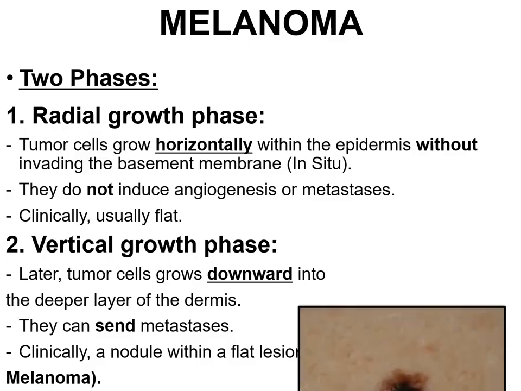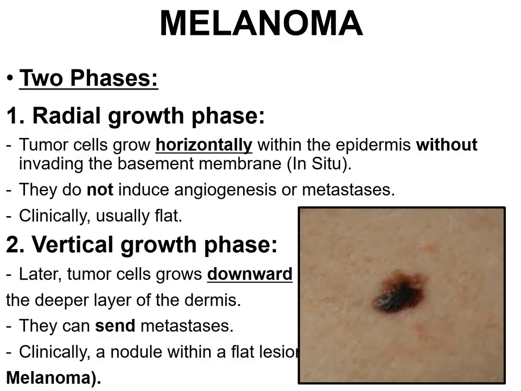This is a picture of malignant melanoma. We can see that the periphery is a flat surface, a macule, with no elevation of the surface, the radial pattern of growth. And here is a nodule, where the growth has extended downward to the dermis, forming a nodule.